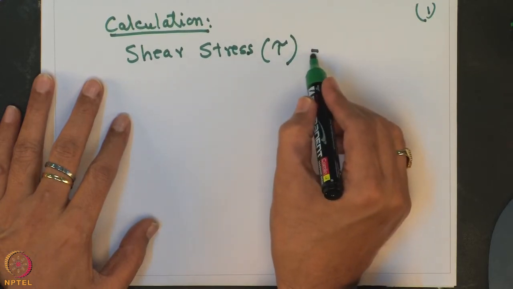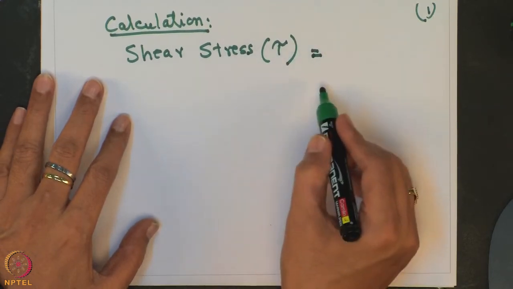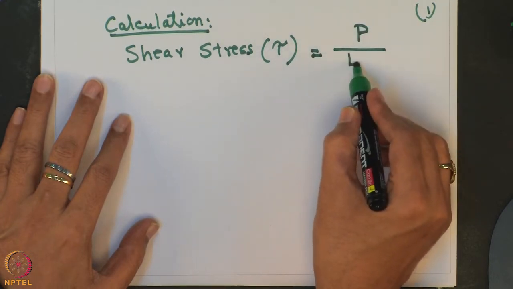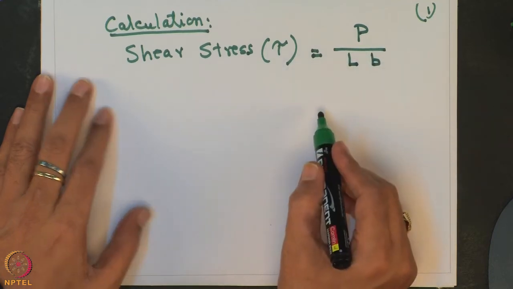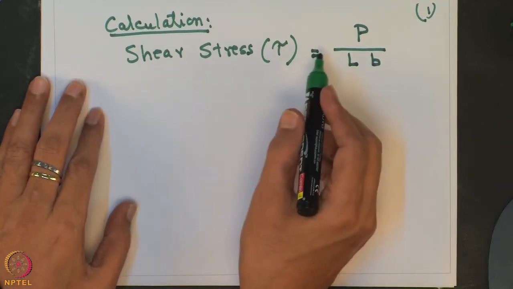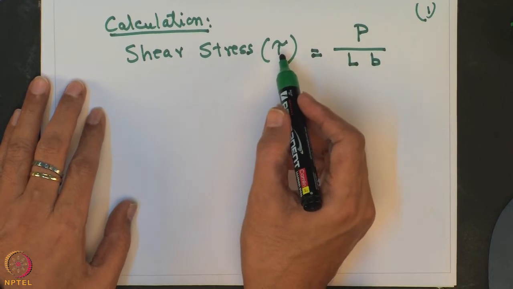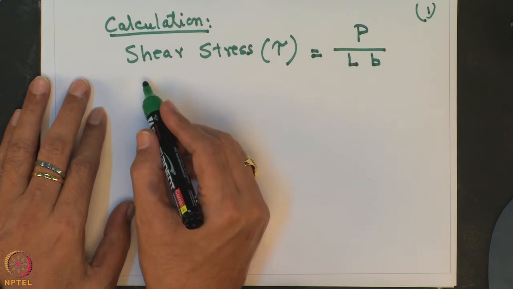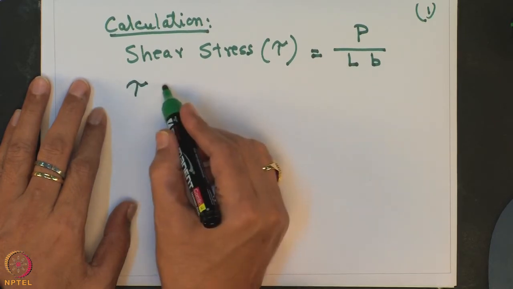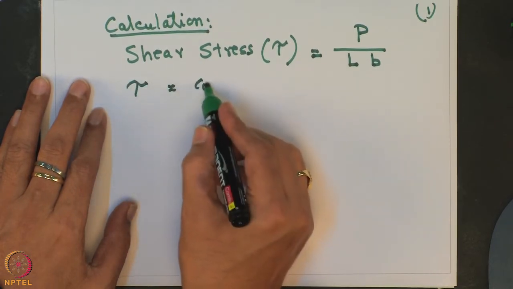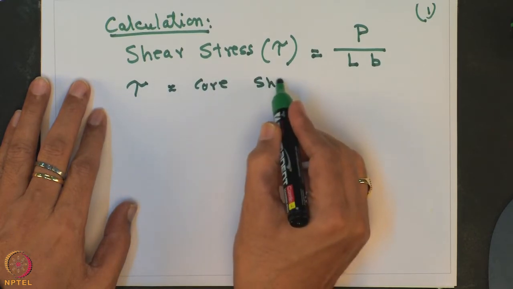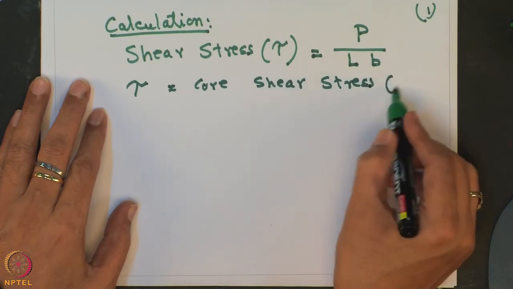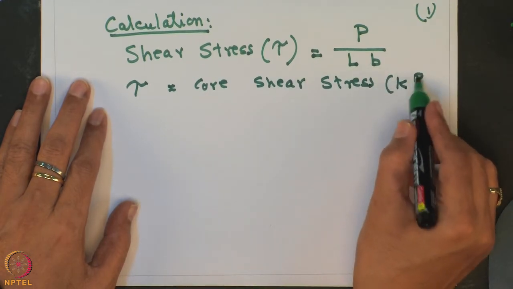Shear stress tau is equal to P divided by L into B, where this tau is the core shear stress, and the unit is kilopascal.